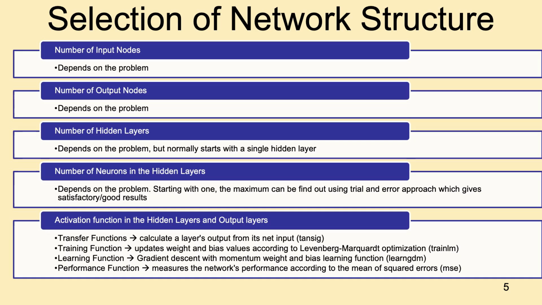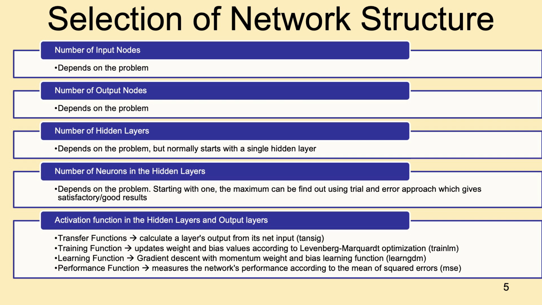Later on, based on the performance of your neural network and the accuracy of the result that you expect from it, you can either increase or decrease the hidden layers, and increase or decrease the hidden neurons. So the number of hidden layers is again based on the problem, and it normally starts with a single hidden layer, and you can keep on increasing and decreasing it.